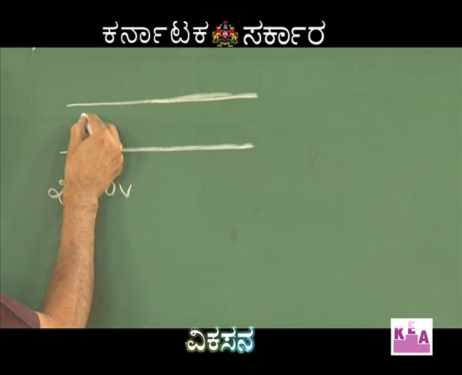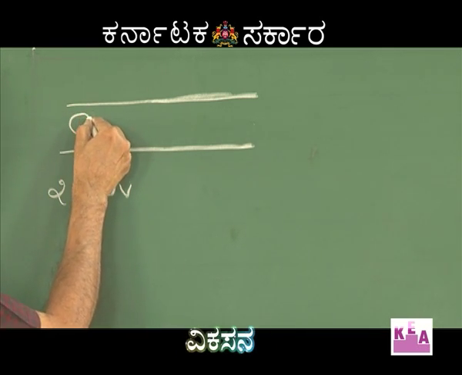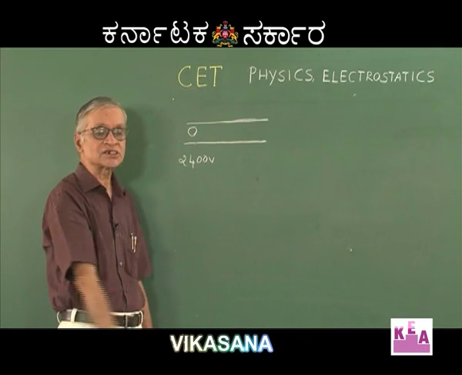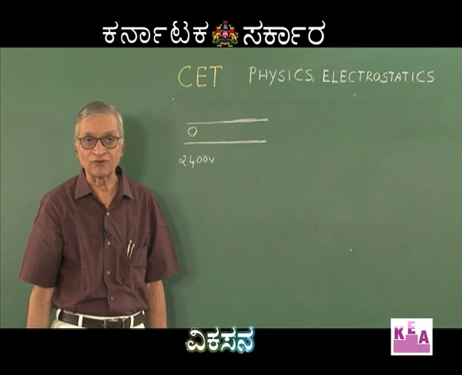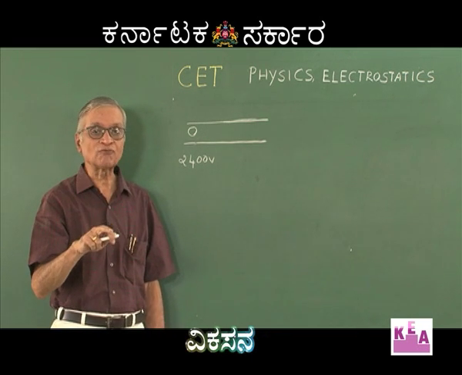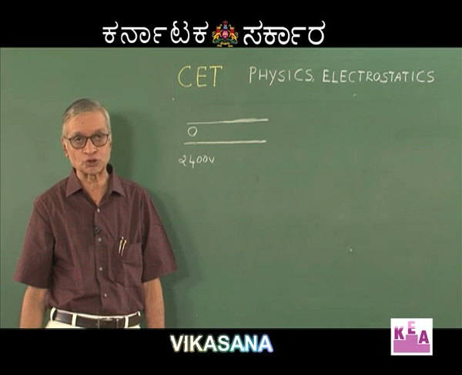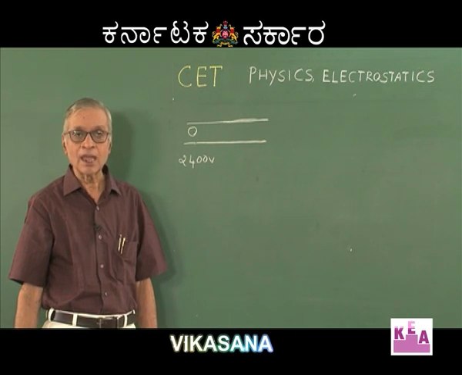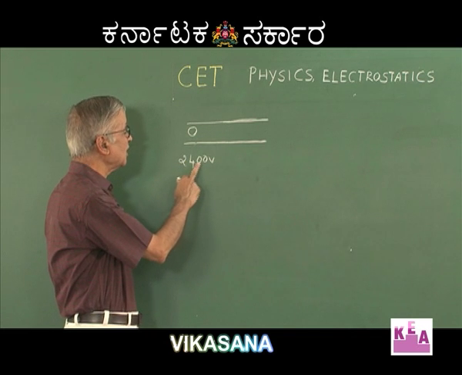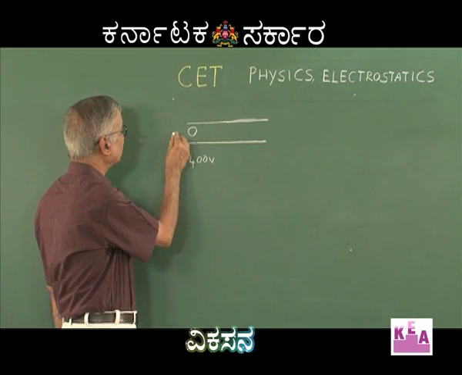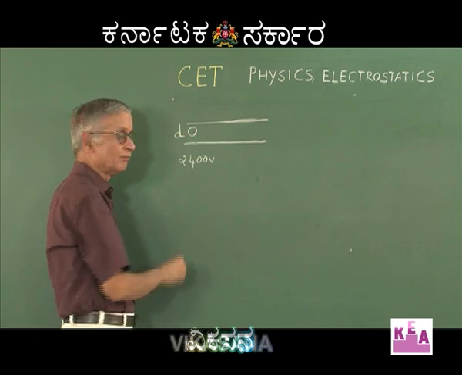It keeps an oil drop of radius r stationary. The drop will remain stationary if the gravitational force, rather the weight, is balanced by the electrostatic force.